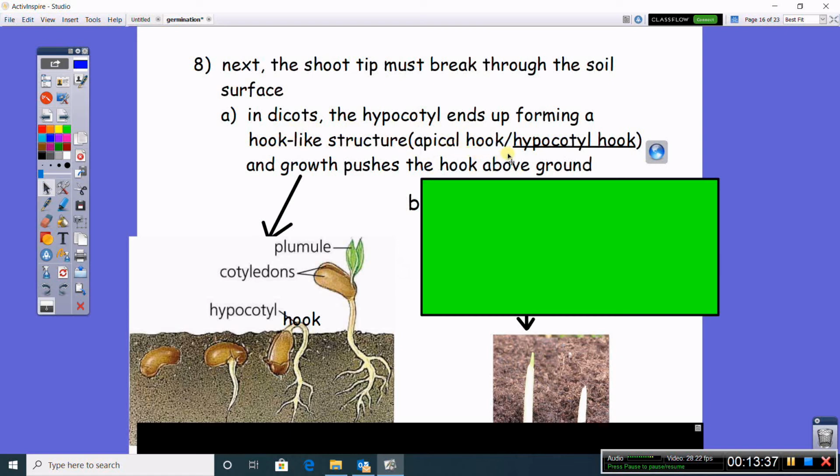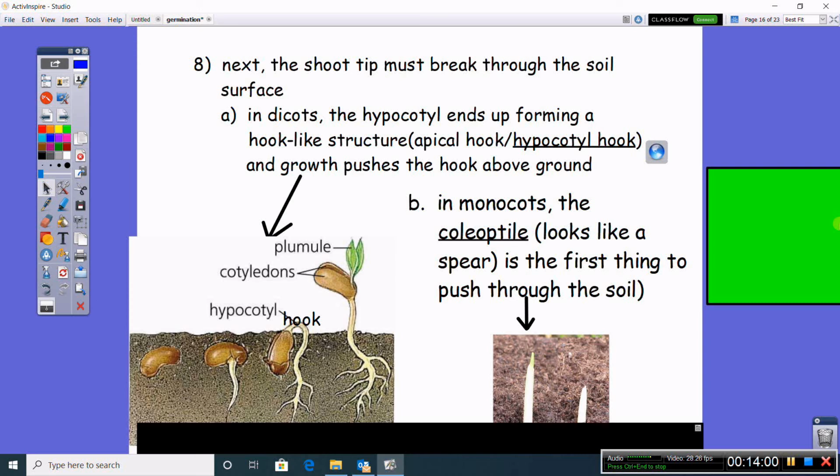So we either call it the hypocotyl hook or the apical hook. Okay, and there's your little hook right there. To me, whenever a dicot seedling emerges through the soil, it's going to look like somebody sticking up an elbow and poking through the soil surface.